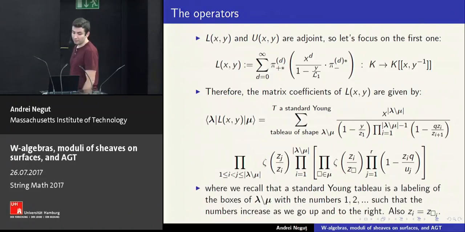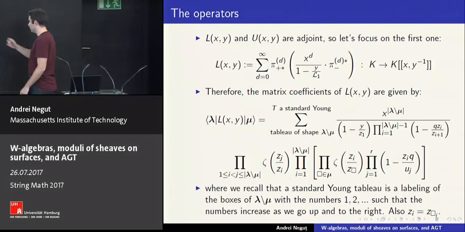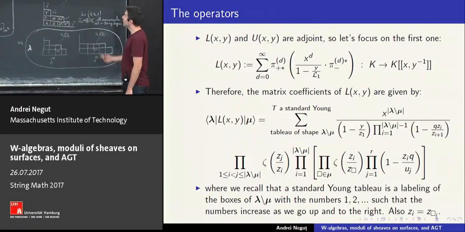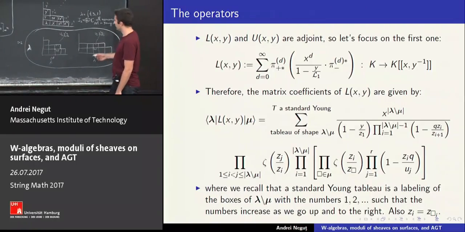So what's a standard Young tableau? It's a labeling of the boxes of the difference of partitions lambda and mu with the numbers 1, 2, 3, and so on, such that the numbers in the tableau only increase as we go up and to the right. So for example, in the case of this two-tuple of partitions here, here's an example of a standard Young tableau.